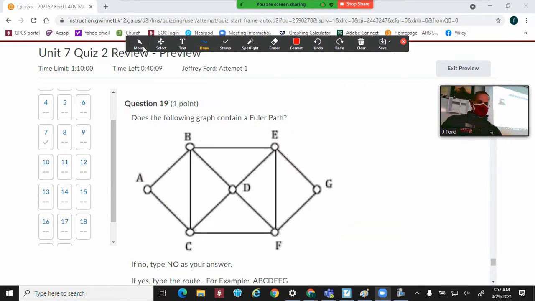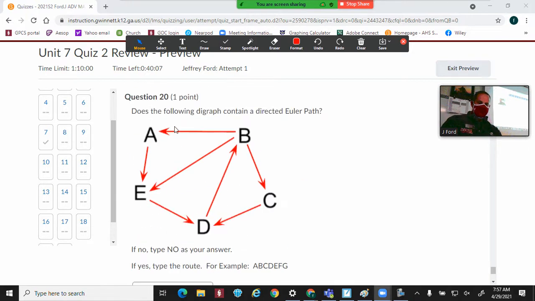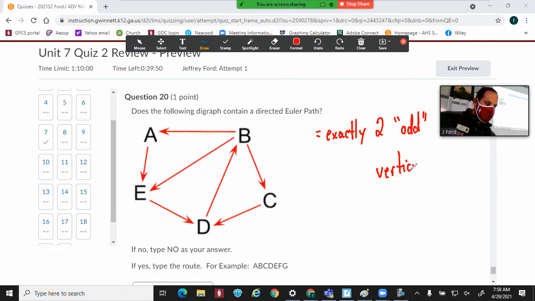All right. And then lastly, number 20, does the following digraph contain an Euler path? All right. So remember, when you're dealing with the digraph, you need to have exactly two, and I'm doing this in air quotes, odd vertices. What I mean by that is the in degree and the out degree must not match. So for example, vertex A has an in degree of 1, out degree of 1.